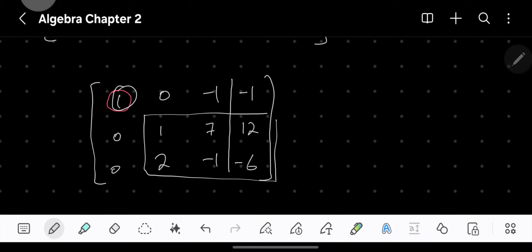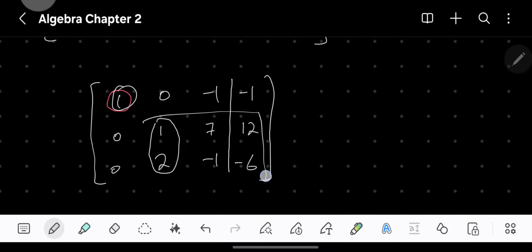First of all, we will find the leftmost non-zero column, which is this one in this submatrix. In this column, we will check whether the top entry is non-zero or zero. The top entry is this one, which is non-zero.